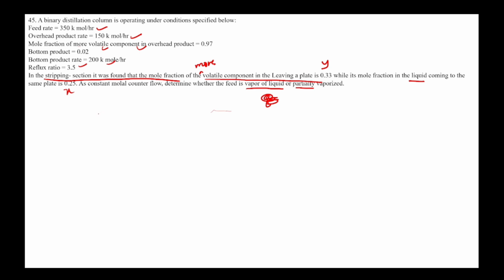For finding Q we have two equations. L dash is equal to L plus QF. V is equal to V dash plus (1 minus Q) F. Either of these two equations. Since we have been given the composition in the stripping section, we will apply the stripping line equation.